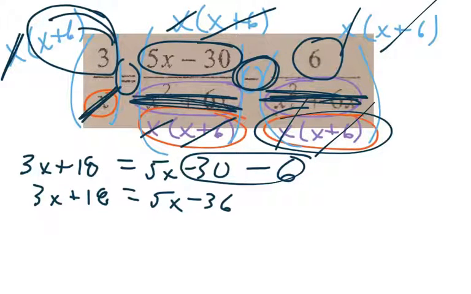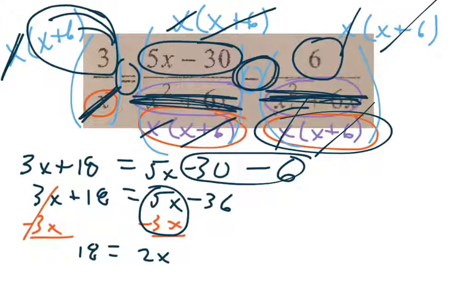I'm going to go ahead and minus 3x both sides. So now that 3x is gone, I have 18 equal to 2x minus 36, because 5x minus 3x is 2x. Now I'm going to add 36 to both sides.